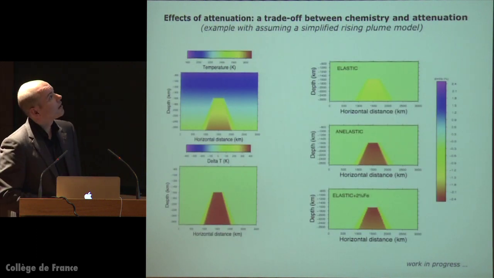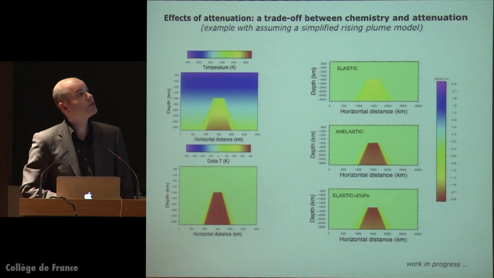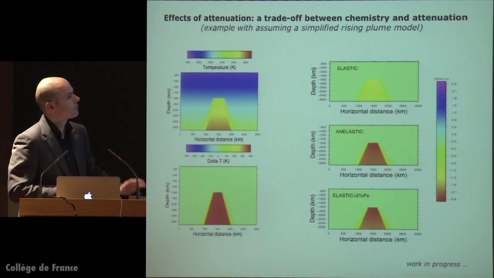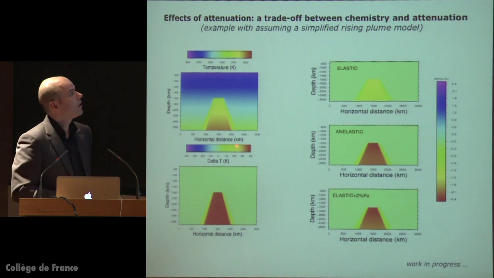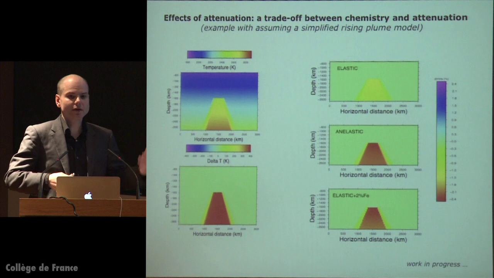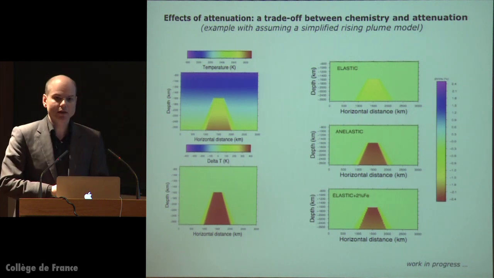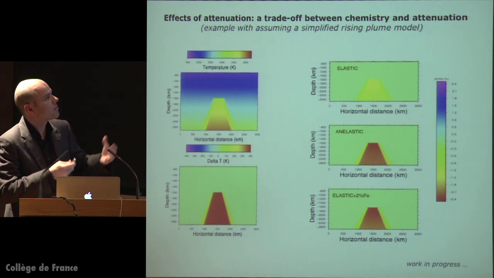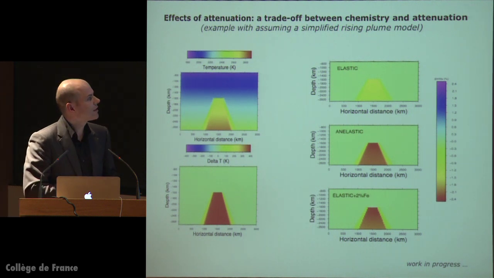The other is that there is a trade-off between chemistry and attenuation. And here, again, a very simple example, modeling some kind of plume-like structure in the mantle, so having a hotter structure in the overall adiabatic or Brown-Shankland mantle.